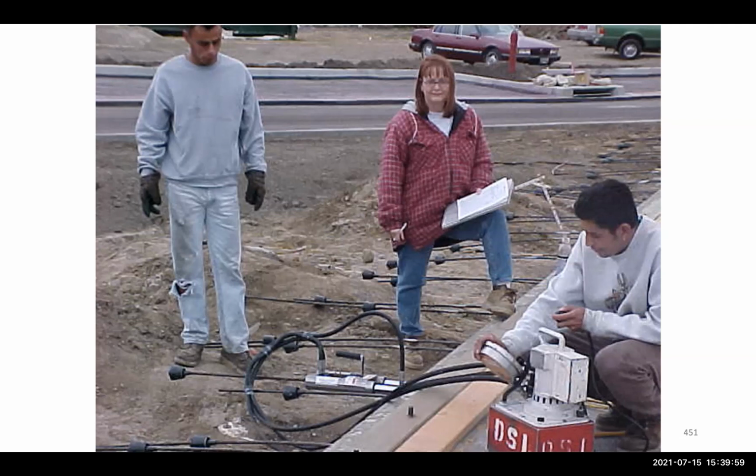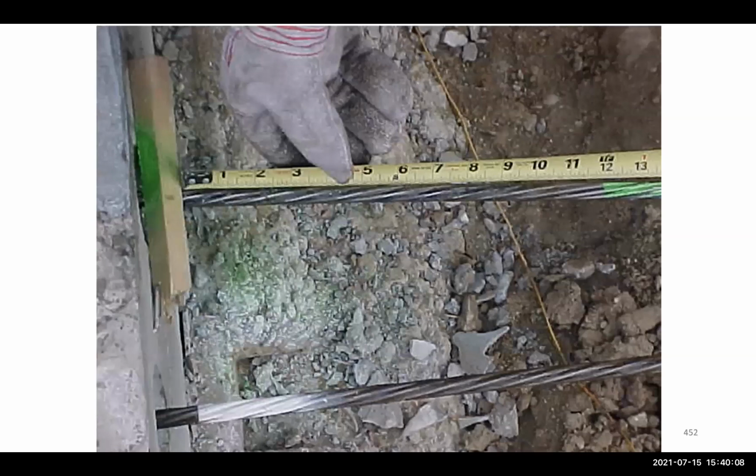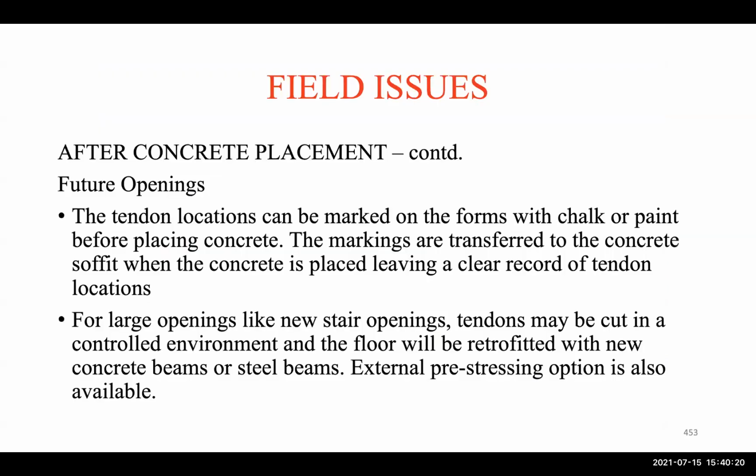So we have to make sure that they are within the range, not outside the range, and then look at the force that's within the member. So that's how we measure that. Okay, as you can see, it has been stretched. So this is the elongation that we got after applying the pre-stressing force.